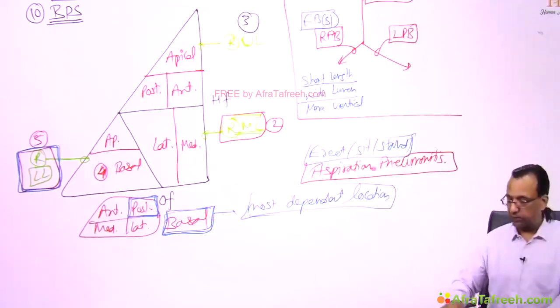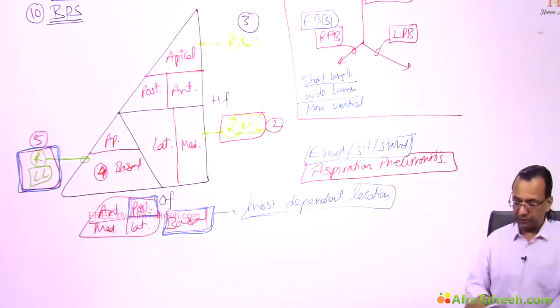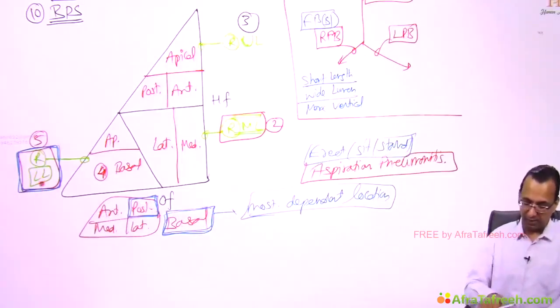The aspiration pneumonitis in this patient will be in the posterior basal BPS of the right lower lobe.